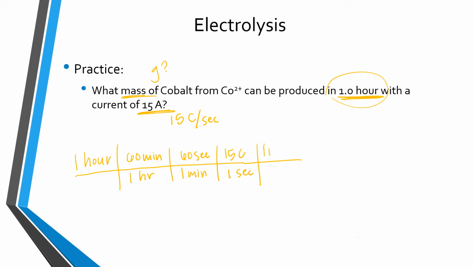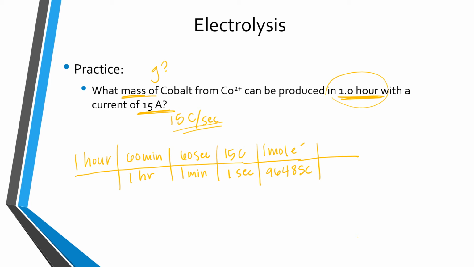And then I know that a mole of electrons is equal to 96,485 coulombs. Oh, whoops, sorry, hold on. We're at moles of electrons.